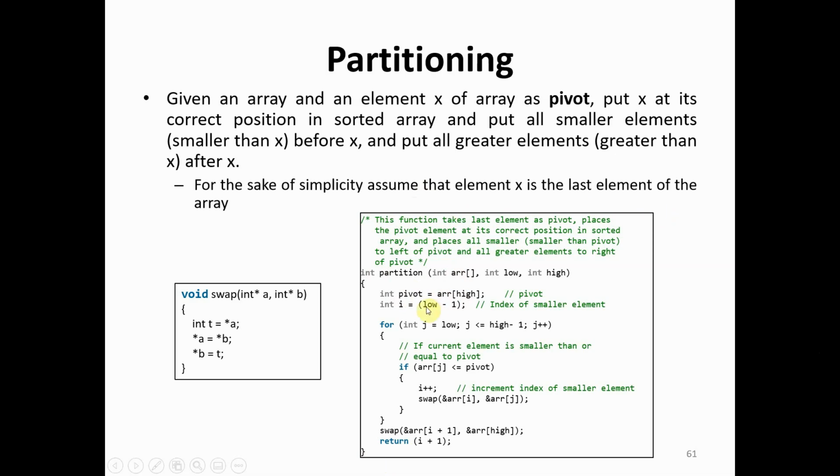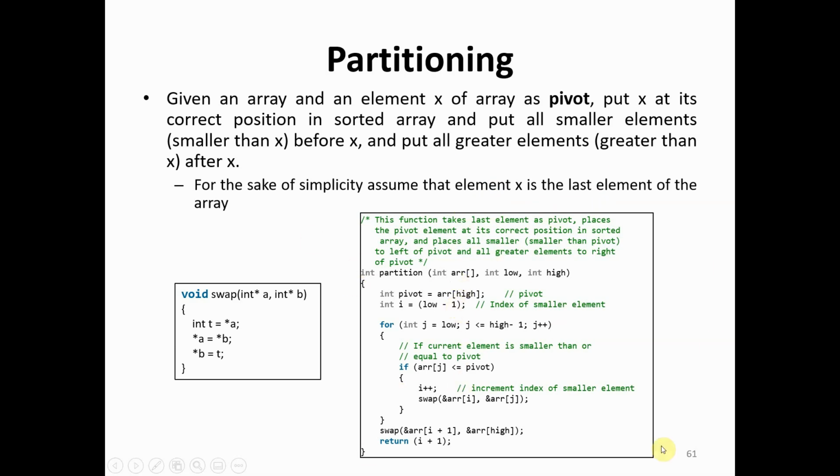All the elements inside the array that are smaller than the pivot should be on the left side of this pivot, and all the elements that are larger than the pivot should be on the right side. So this is the partitioning problem.